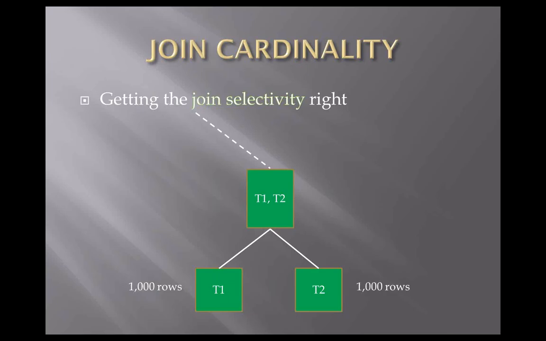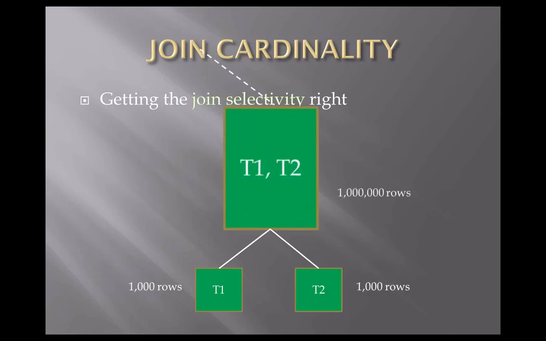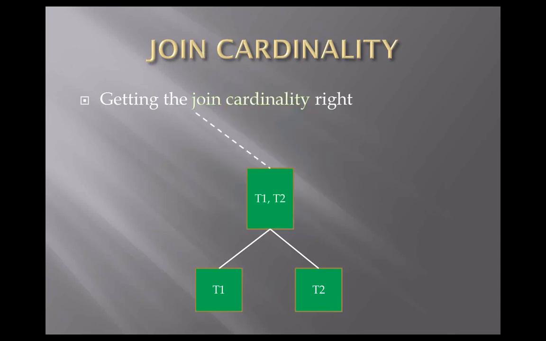So if I join 2 things, then maybe the result is 0 rows, or maybe the result is 1,000,000 rows in this example, where I simply join 2 row sources of 1,000 rows each. So that's again not really a simple task to determine what the actual join selectivity is, and that can be really a bit tricky for the optimizer.